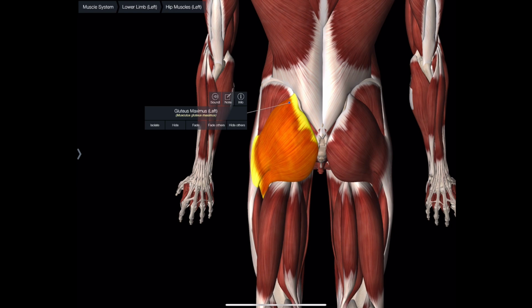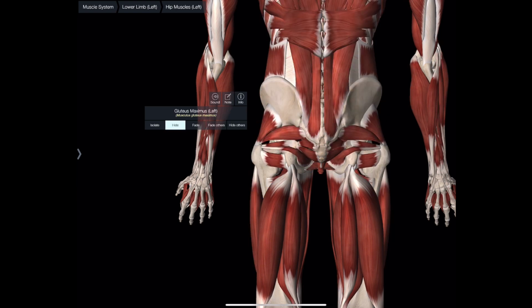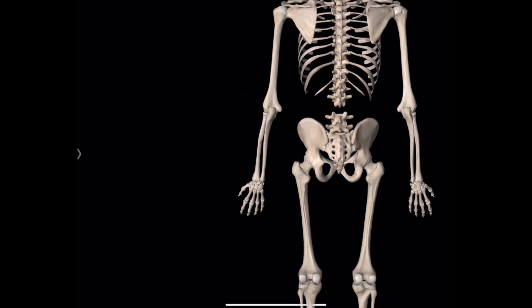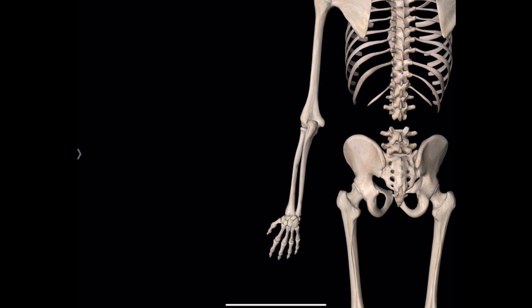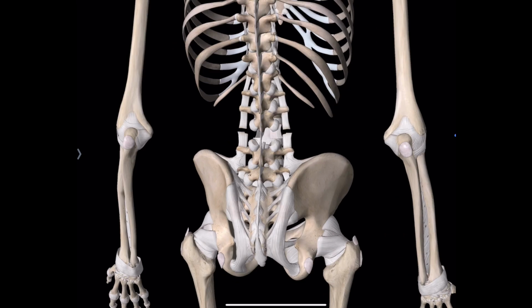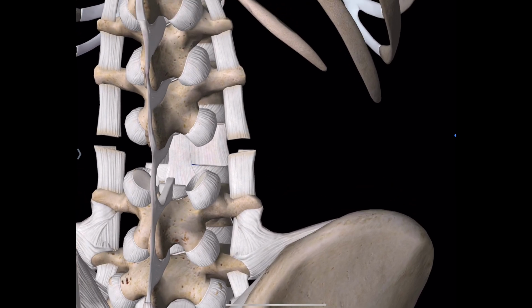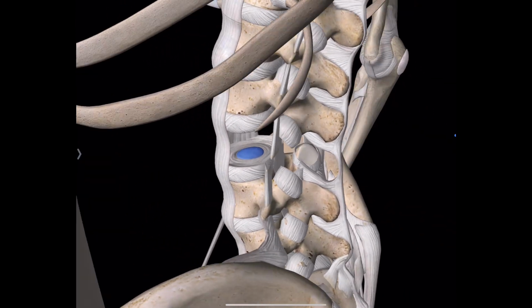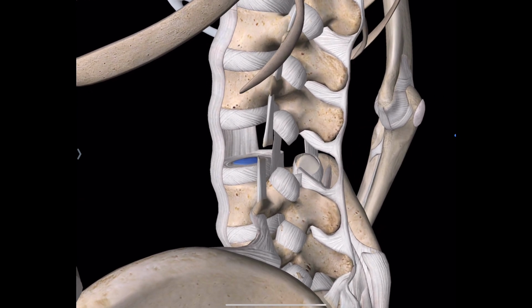Now, when you think about that concept, if we get rid of all the muscle again and look at the vertebrae, or if I add the disc back in here, well, when we bend forward, the vertebrae come together like this.